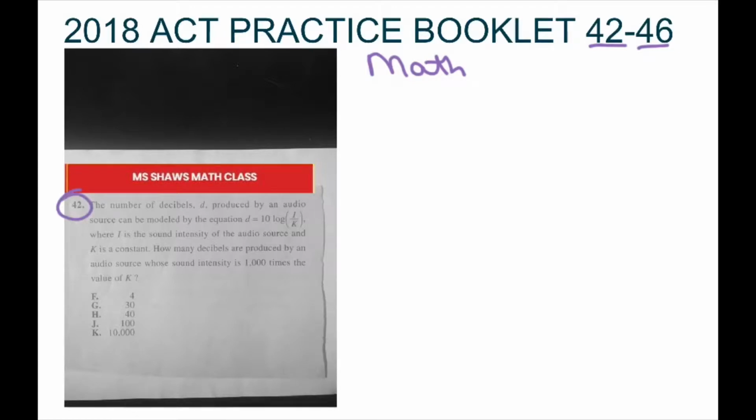This is 42, and it says the number of decibels D produced by an audio source can be modeled by this equation. They give you I is the sound intensity and K is the constant.